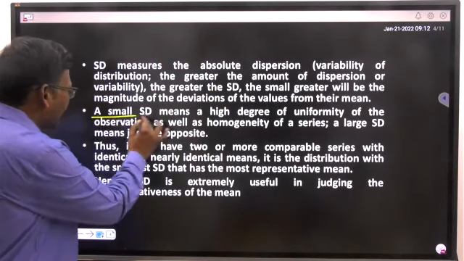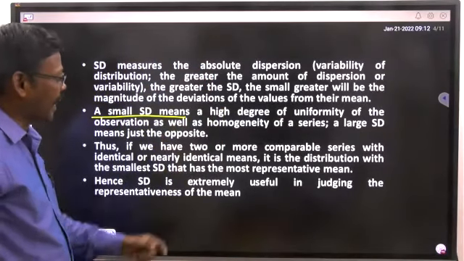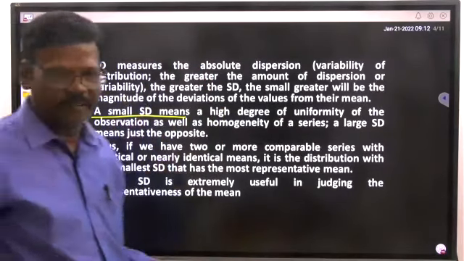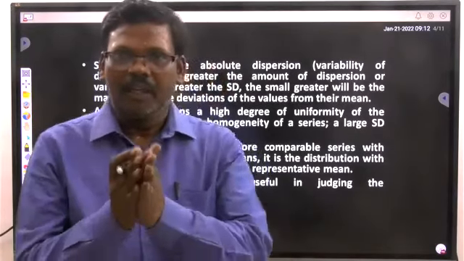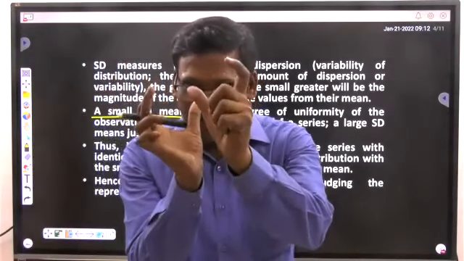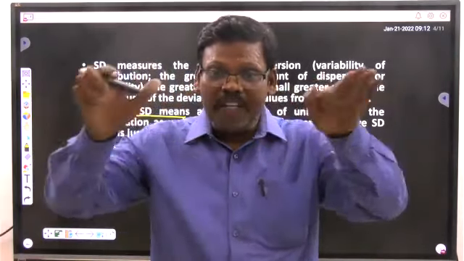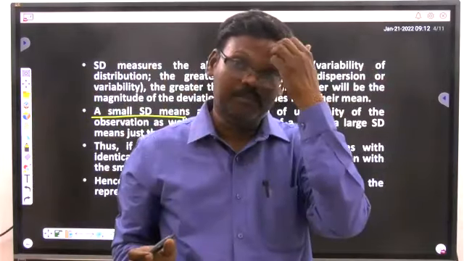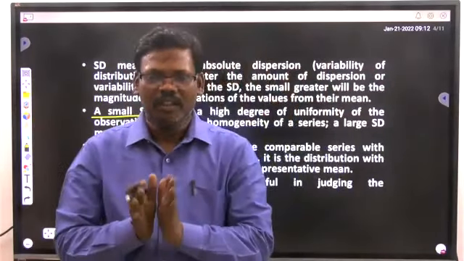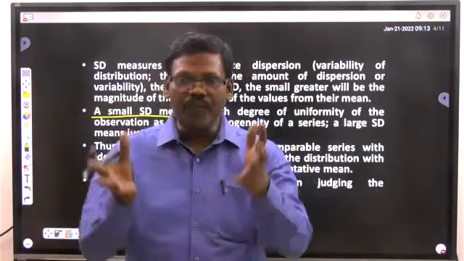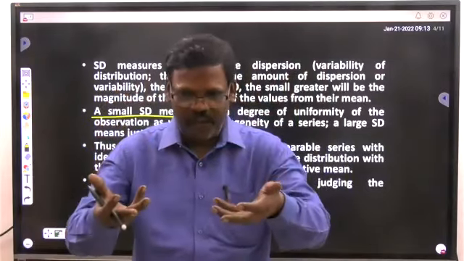A small standard deviation means a high degree of uniformity. If we get a standard deviation value that is less, we can say that there is greater uniformity among the variables.